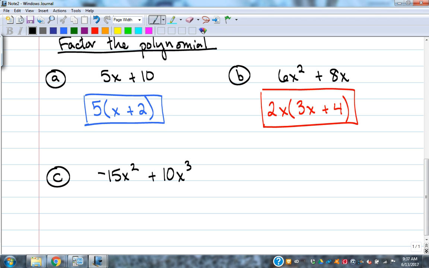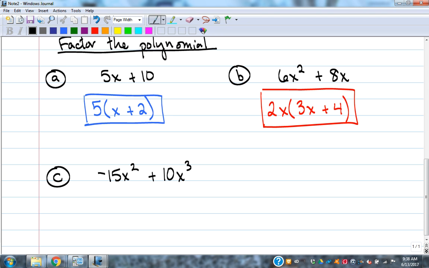Negative 15x squared plus 10x to the third. First thing we want to check for is what? Descending order. Is that in descending order? No. So rearrange it so that it is.